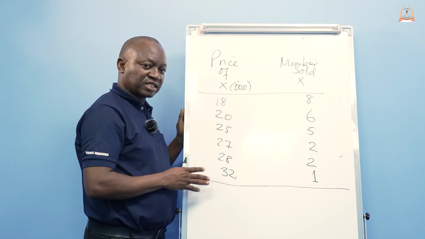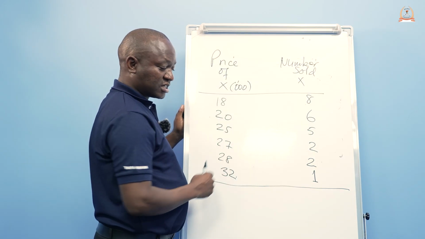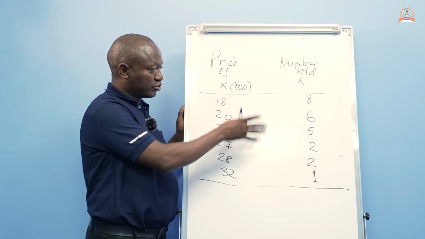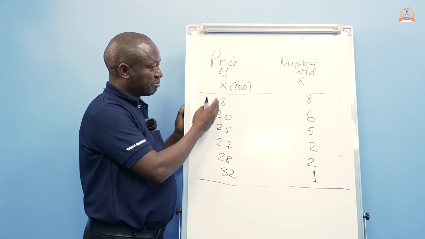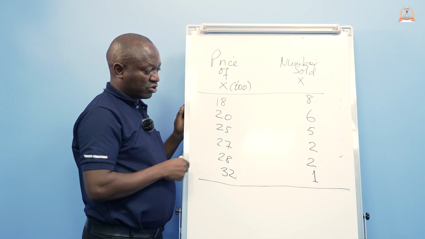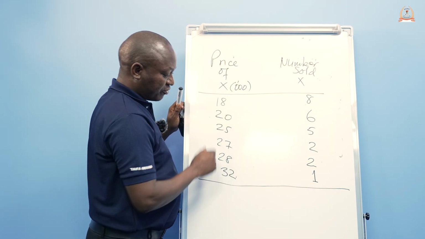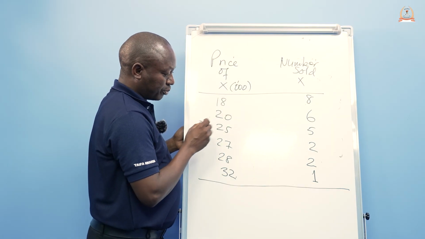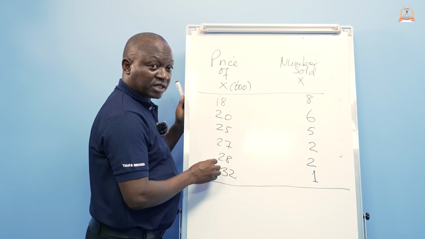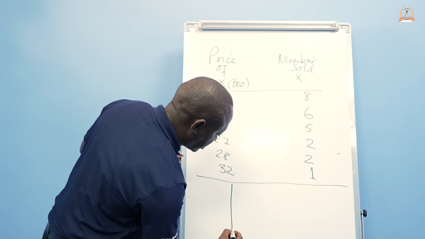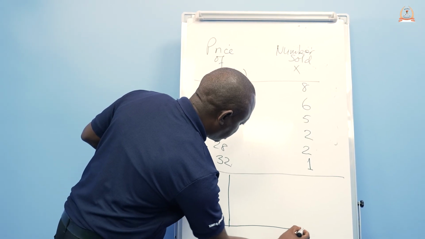So when you plot a scatter diagram here, you will realize that there exists a kind of relationship between the price and the quantity or number of a good sold. If you decide to plot this, you may have a scatter plot like this one here.